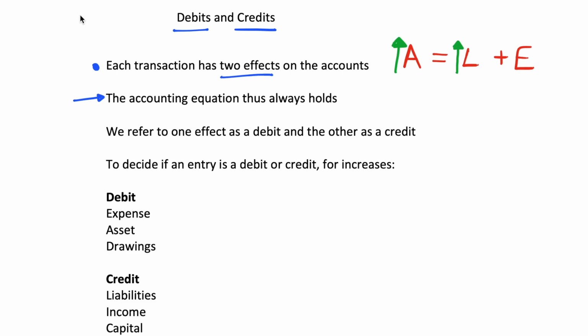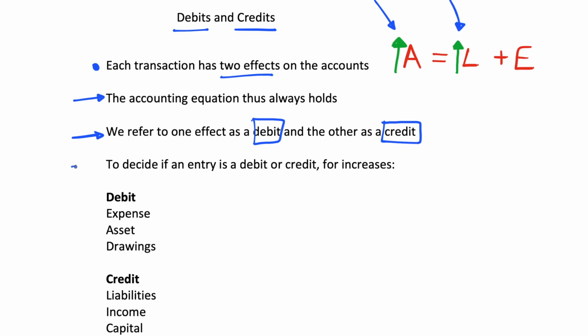So that's all well and good, but what we're saying in this video is we're taking this a bit further, and we're looking at debits and credits, and we're saying that one of these increases we're going to call a debit, and the other one we're going to call a credit. And that's the next point here, is that for every business transaction that happens, we have two effects on the account, and one of these is always going to be a debit, and the other one is always going to be a credit.